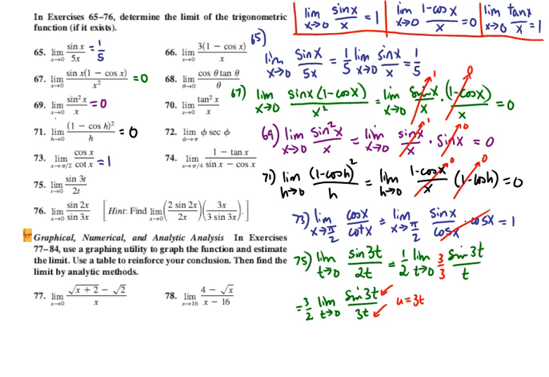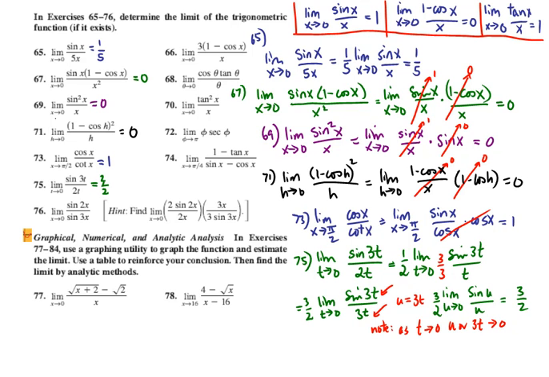If we let u equals 3t, then we have 3/2 the limit as u approaches 0 of sine of u over u, and that just becomes 1. And as t goes to 0, u, or 3t, goes to 0. And so what we end up here with is just 3/2.